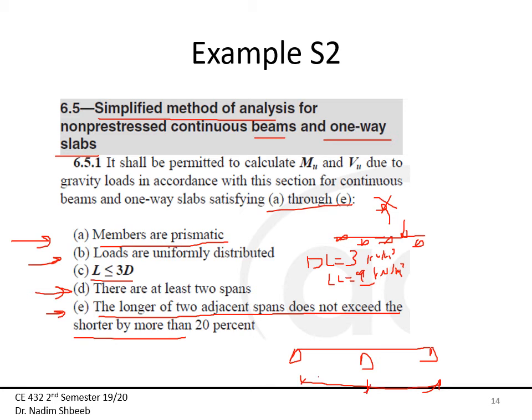If this is L, this should be less than 1.2 L. Now, if I have another span right here, then I will compare this span with this span. So again, we're talking about 2 adjacent spans. The maximum ratio is 20%.